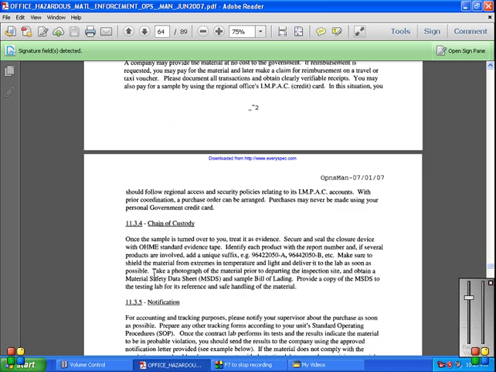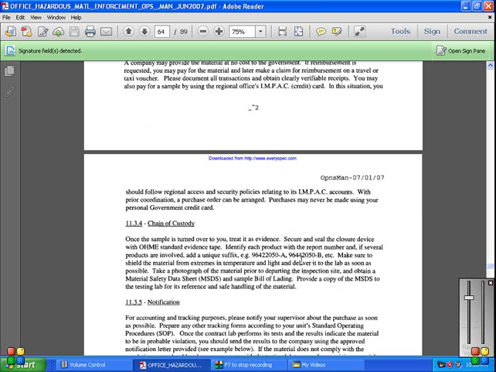11.3.4 Chain of custody. Once the sample is turned over to you, treat it as evidence. Secure it with a seal on the closure and on the OHME standard evidence form. Identify each product by report number, and if several products are involved, use unique suffixes, such as 96442005A, 96442005B, etc. Make sure the sealed material is kept at an appropriate temperature and deliver it to the lab as soon as possible.